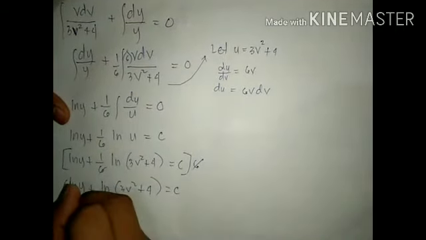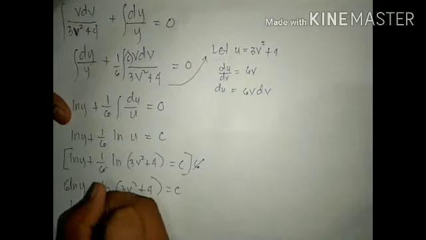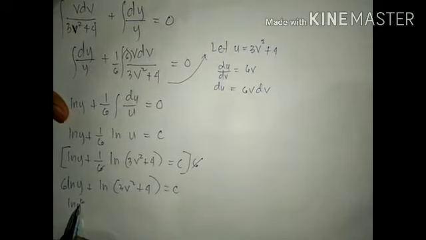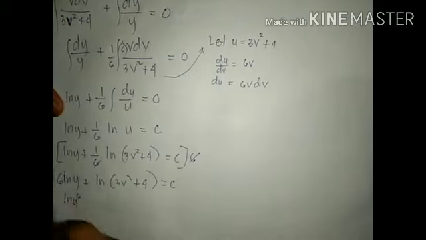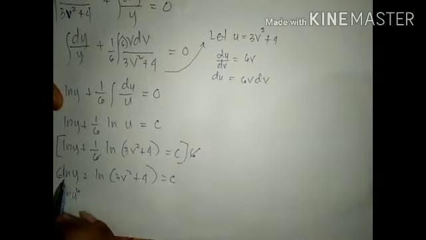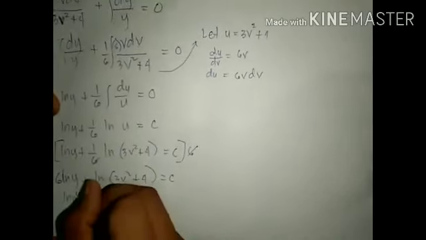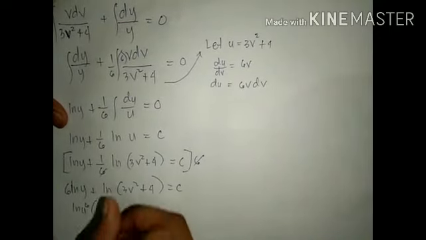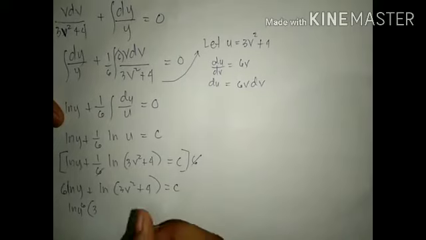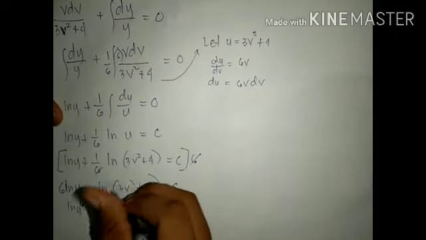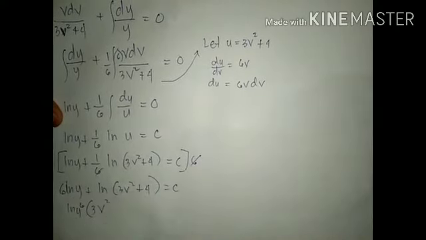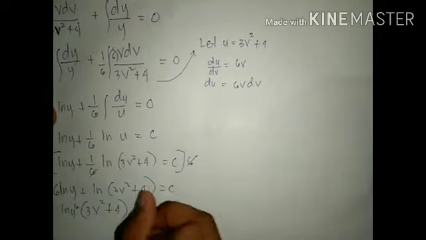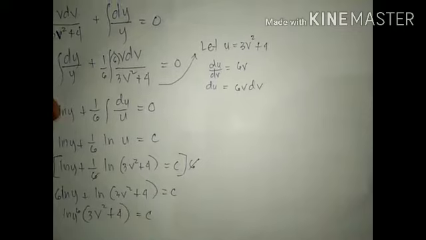So kani siya ma ln y 6 over, babaw ni siya balhin transpose, then kani siya usa ra man siya ang ln, so mag plus mag times ta rig 3v squared plus 4 is equals to c.